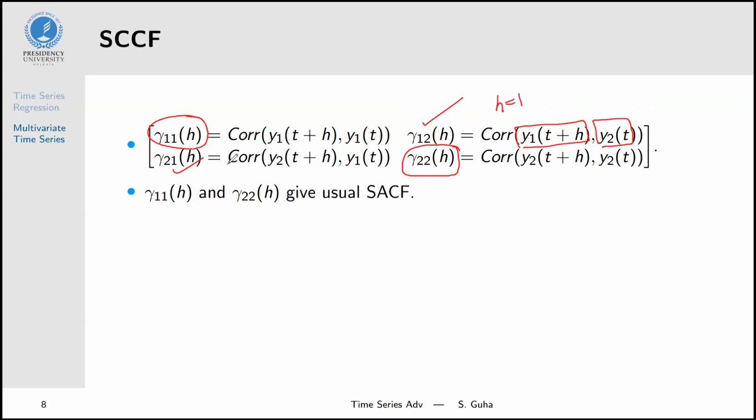On the other hand, this particular term is a rectangular table of numbers. Such a notation is called a matrix. In this matrix formulation, this gamma 21H tells you how today's number of dengue patients is connected with tomorrow's temperature.